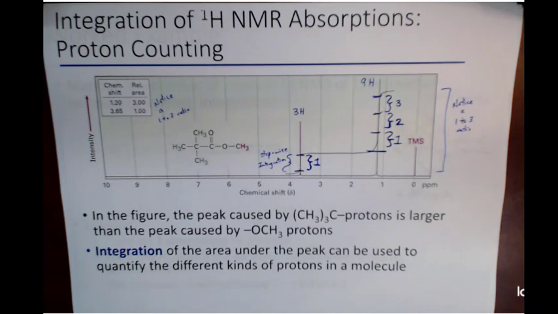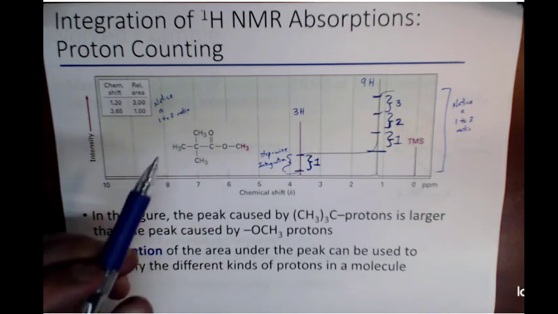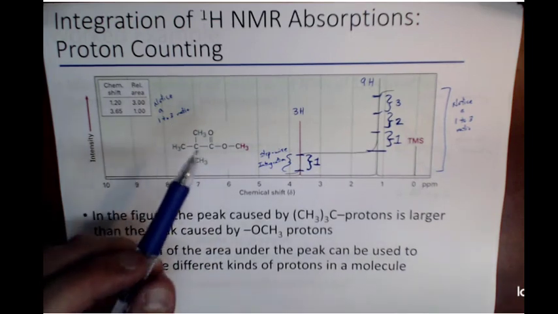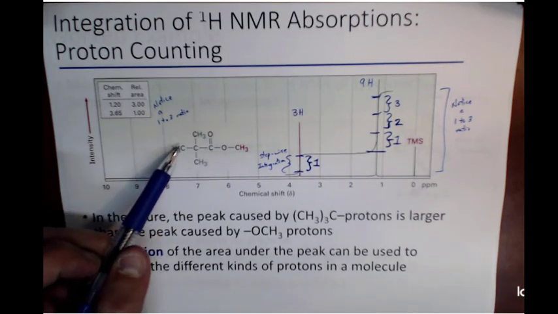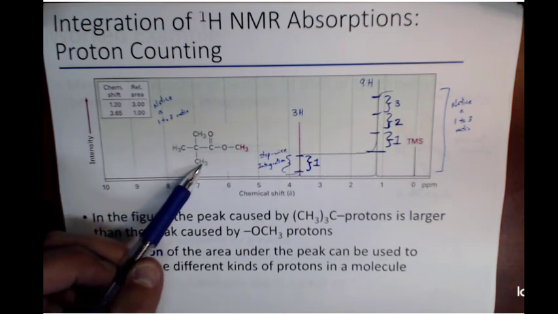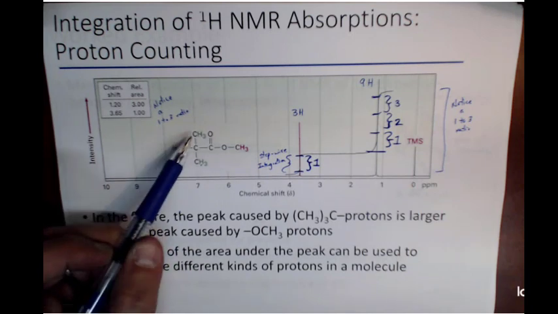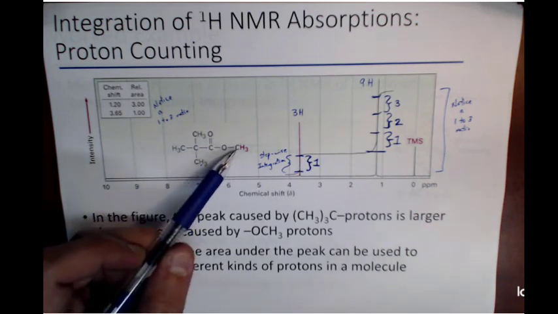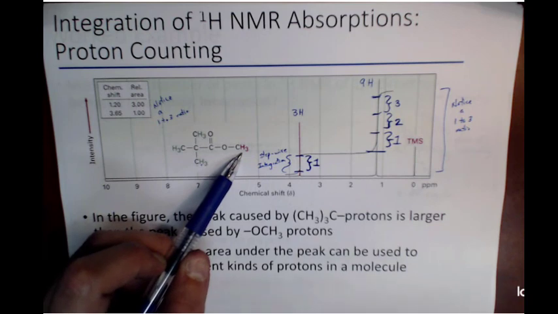So when we talk about integration for NMR, we're talking about how many hydrogens or what ratio of hydrogens we're looking at. A couple of ways that we could see integration: if we look at this structure here, our ester, you see that based off of symmetry in our molecule, we have 1, 2, 3 methyl groups, but all of these hydrogens are pretty much the same based off of symmetry. And then we have a second set of hydrogens over here that are distinctive.